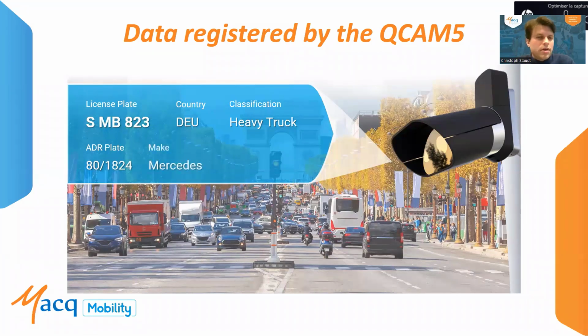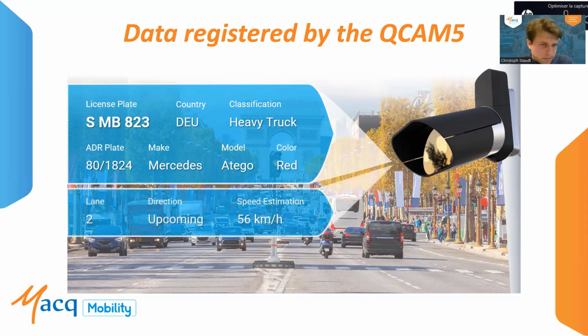Then which make. We have more than 180 makes in our database. And then the models, we have even more than 1,300 different car models in our database, which we can differentiate. And last but not least, the color. There we can differentiate between 10 colors.